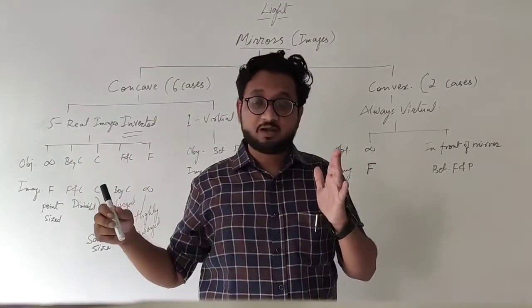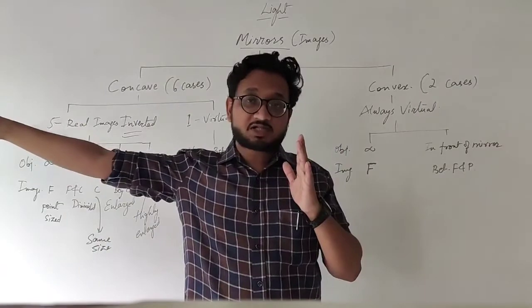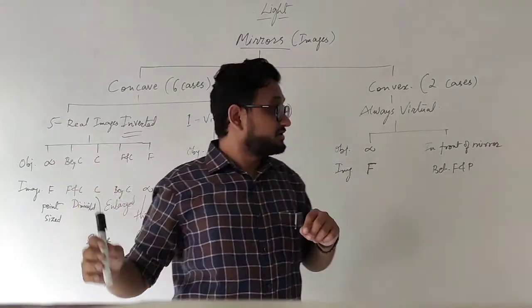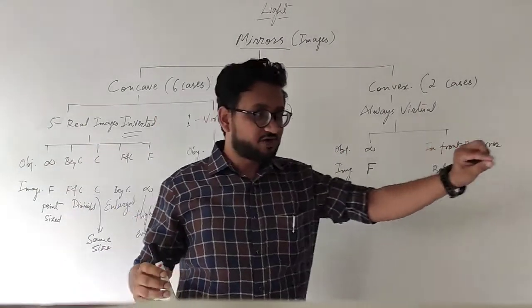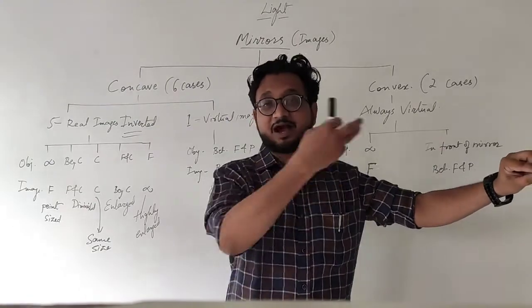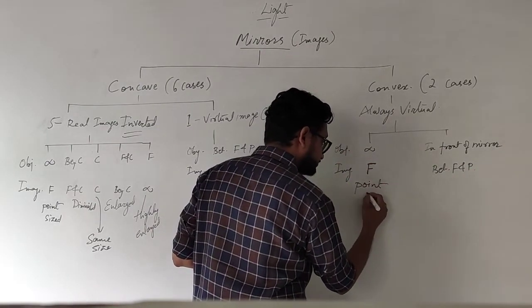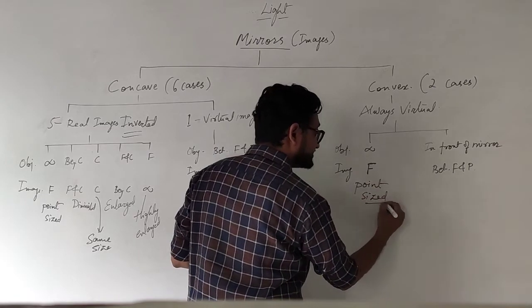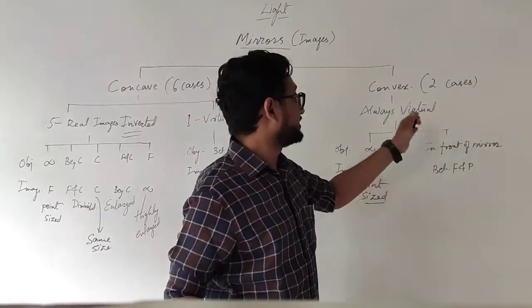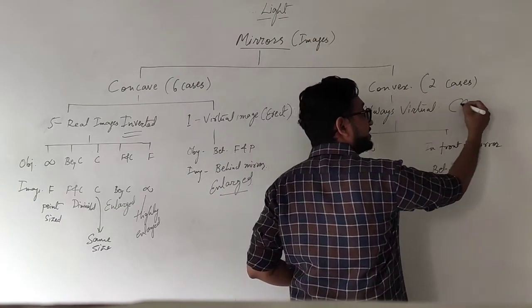So if you place the object at infinity, like always, the image will be on focus, very point size, but behind the mirror. So I will write over here: point size image behind the mirror, it is virtual and it will be erect as well.